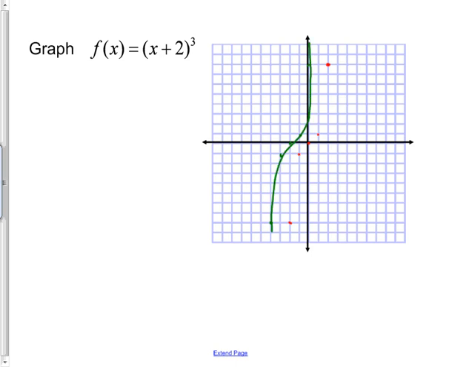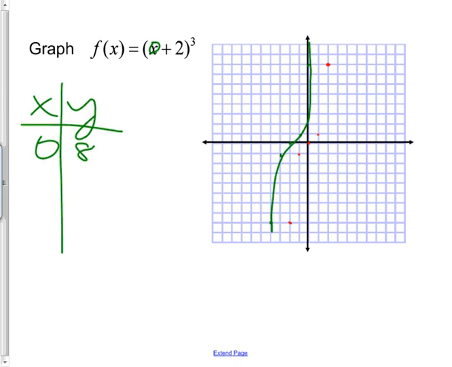Now, could I have made a chart like this and made up new numbers? It might have been almost as fast. I could have just gone, okay, if I stick in 0, what do I get? 0 plus 2 is 2. 2 cubed is 8. So 0 goes with 8. See, 0 goes with 8 right there. If I stick in 1, what do I get? 1 plus 2 is 3. 3 cubed is 27.